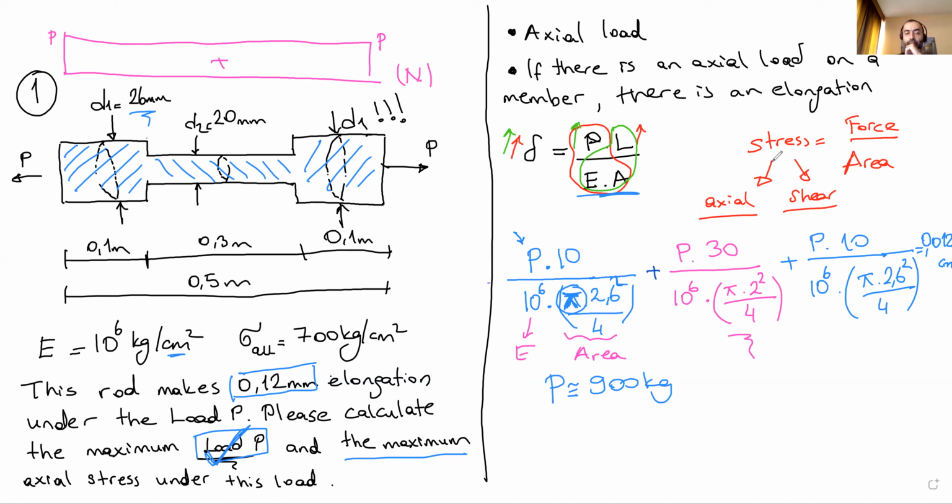We are looking for the maximum stress on this member. The force is constant everywhere, right? As you can see, P is P all along the member. So to get the maximum stress, we should look for the minimum area, because if the area goes down, stress is going to go up.